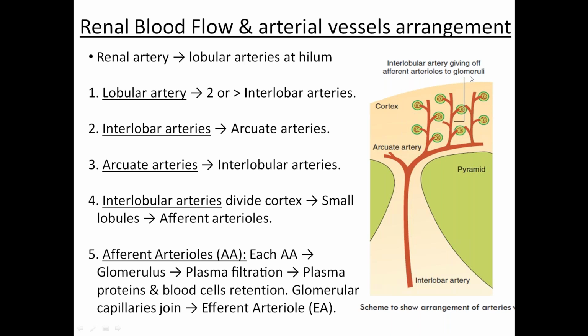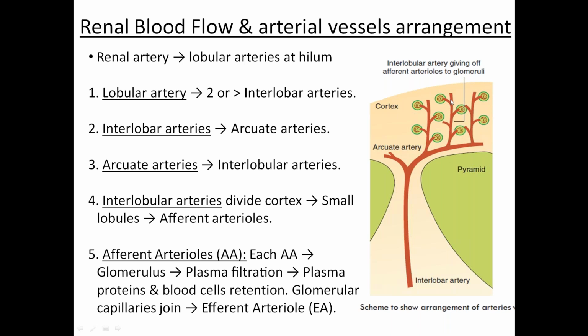So this is your renal surface, and they are going parallel to it at the junction of pyramid and cortex. So this is your cortex and this is your pyramid base here. And then they give off a series of interlobular arteries here.